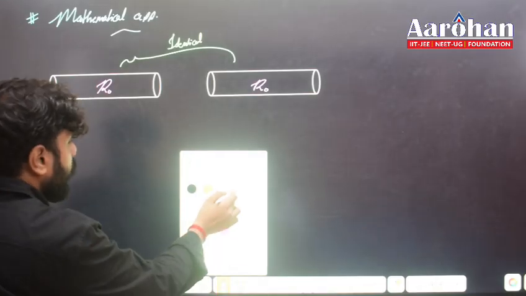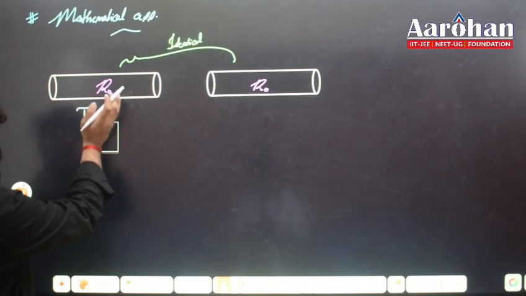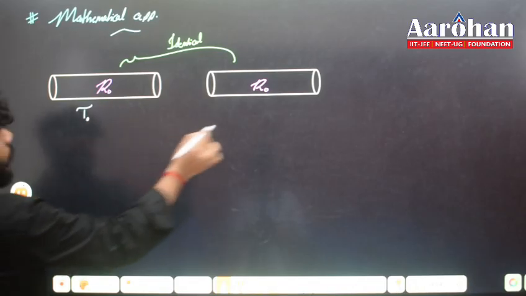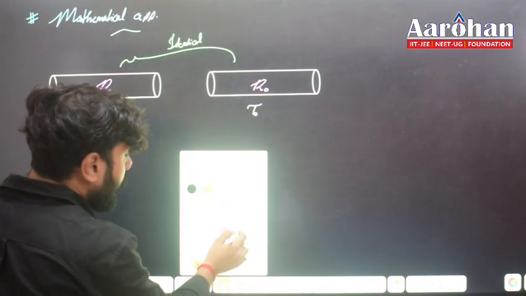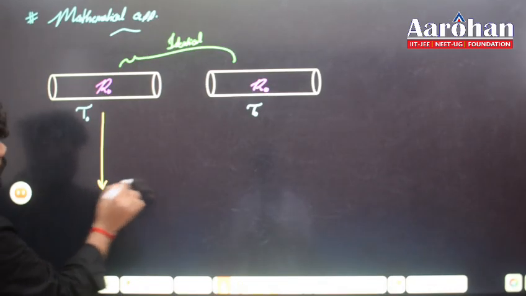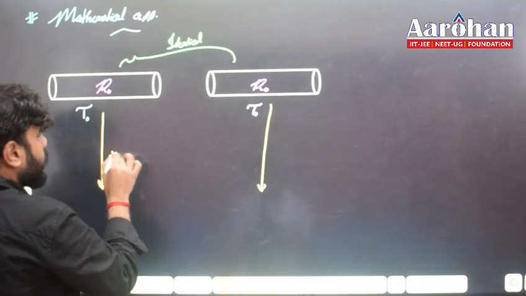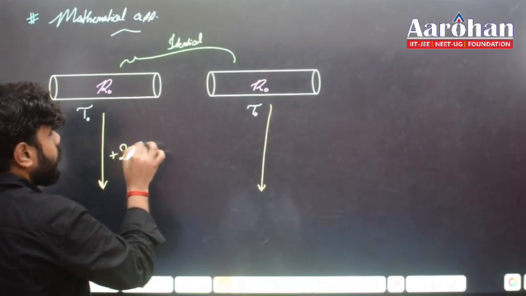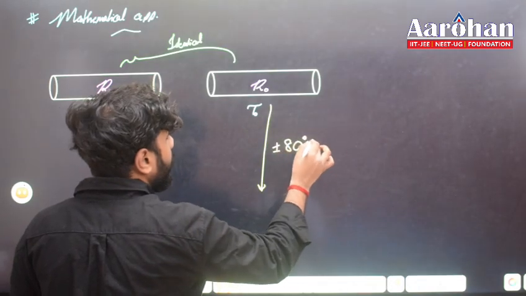Both were set at temperature, you can say T1 or T0 for simplicity here, T0. Got it? So what we did, we increased the temperature. Here we increase the temperature by 25 degrees Celsius, and here we increase the temperature by, let's say, 80 degrees Celsius. Arbitrary number I am picking.